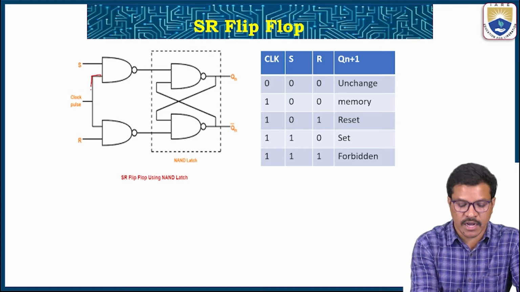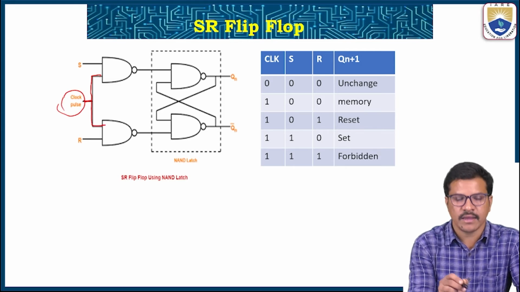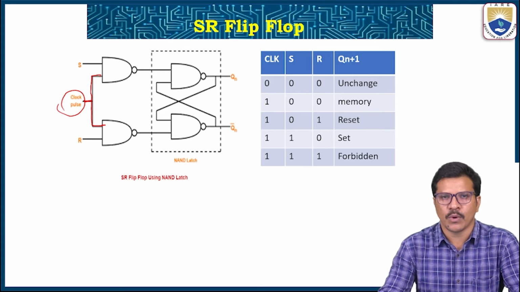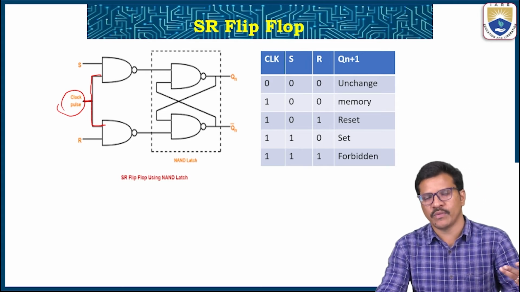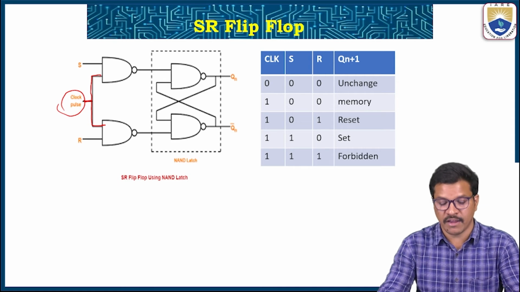When we connect this common clock, the clock controls whether the passing inputs make the latch change state. If you don't want to change the state, then whenever the clock is off, when the clock is low, automatically the entire flip flop is in unchanged mode.